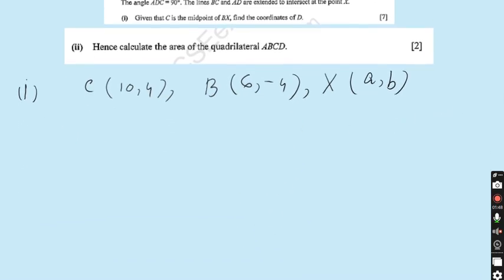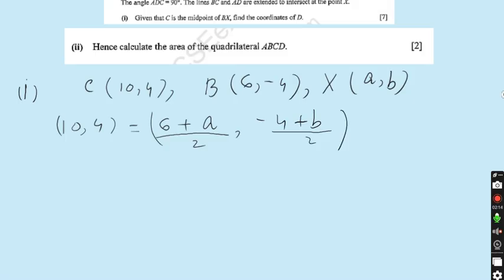Now according to the question, C is the midpoint of BX, so we use the midpoint formula. Midpoint is equal to (x1 plus x2) upon 2 comma (y1 plus y2) upon 2.